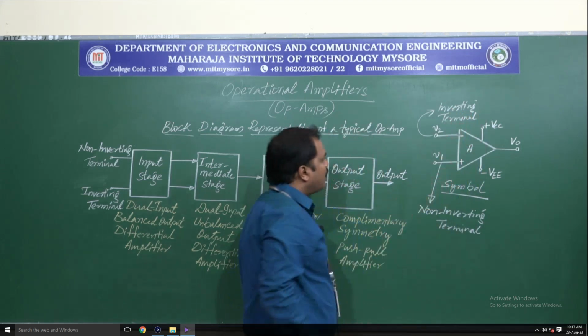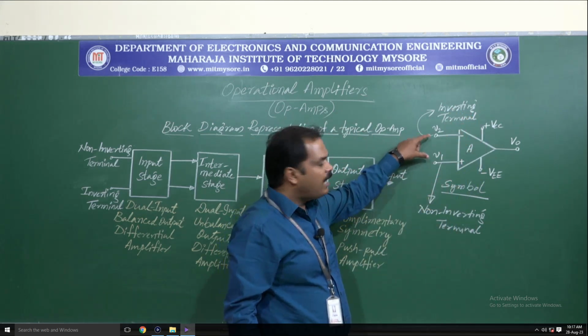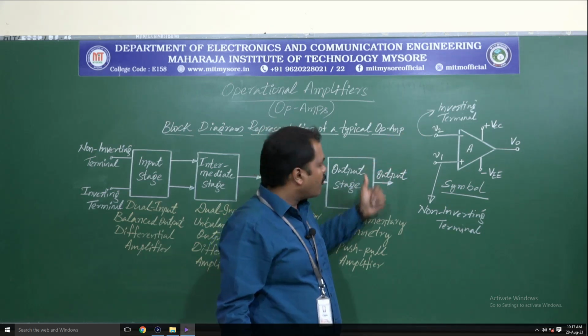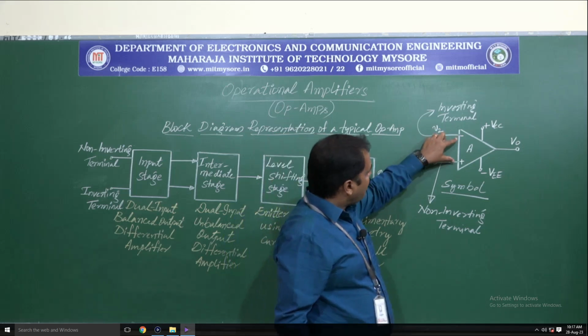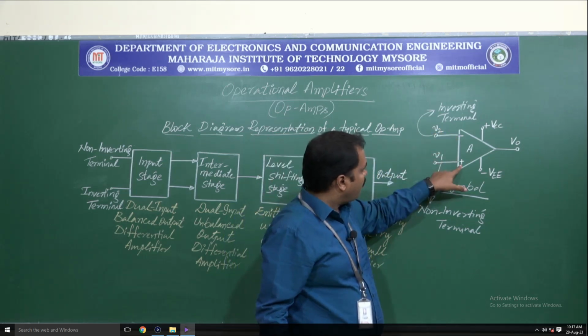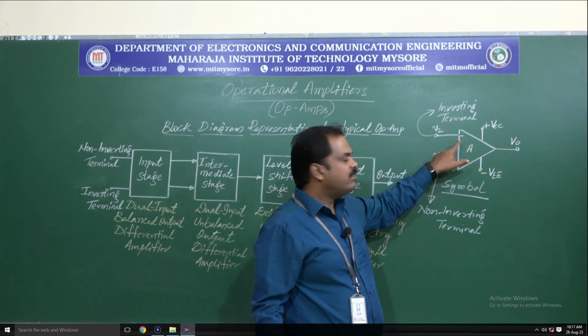These two are the input terminals where we apply the input signals to be processed.